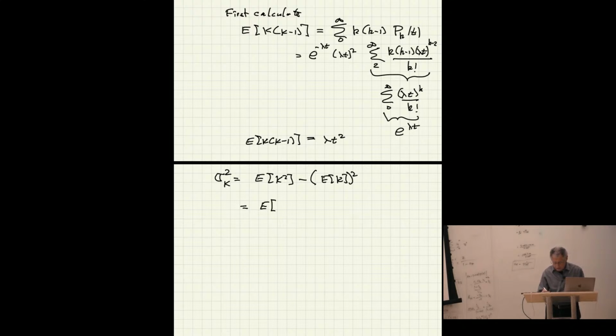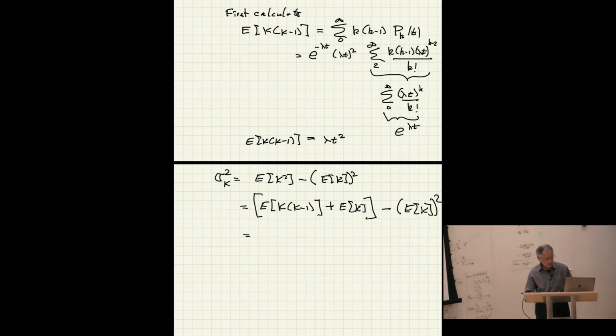The expected value of k squared is the expected value of k times k minus 1. But now I've subtracted out the expected value of k from k squared, so let's add it back in, plus the expected value of k, and all of that minus the square of the mean value. You've got to be careful where the brackets and the squares go.